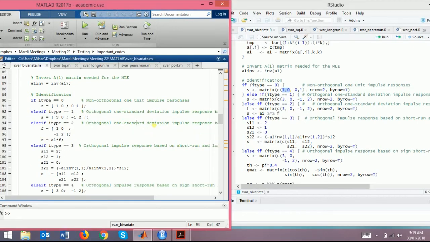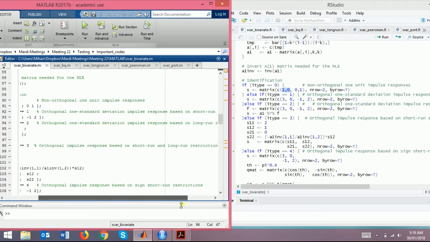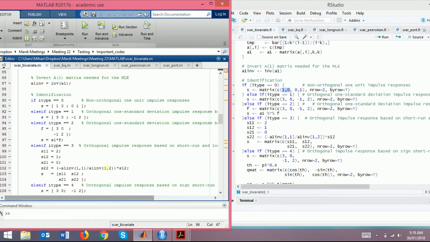Else if I type is 1, if you can recall, we set this condition first. Orthogonal one standard deviation impulse response from a short run restriction given to us in the question, 30 minus 1 2. S is equal to phi1 F, right? Short run restriction, so S is equal to 30 minus 1 2.